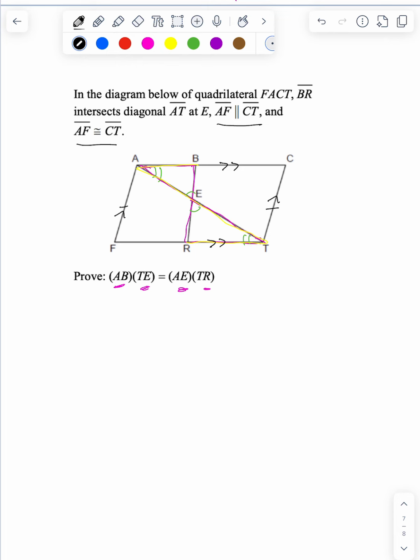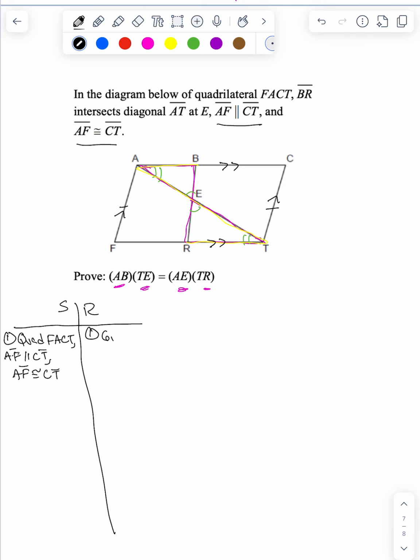Let's pause here and let's write this up because that was a lot. This one is going to be quite a few steps, so I'm going to need to move over to the side afterwards. So we have quadrilateral FACT. We have AF was parallel to CT, and we have that AF was also congruent to CT. So that was given to us. And then we said, from that information, we could say that quadrilateral FACT is a parallelogram.